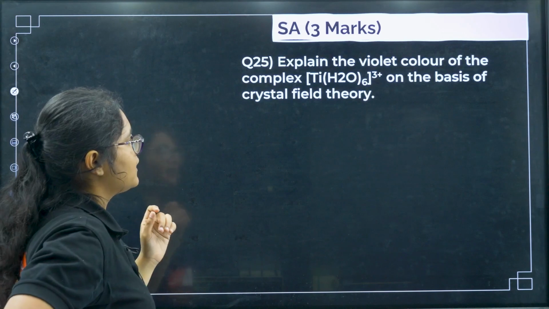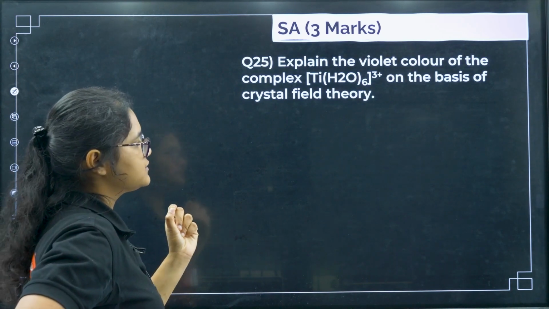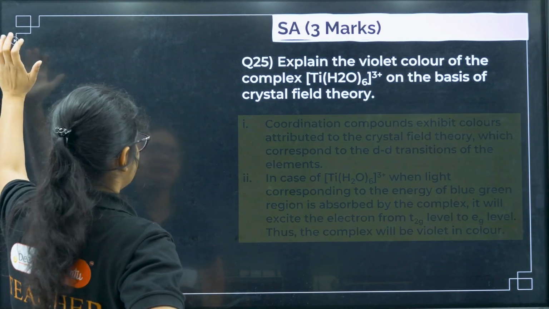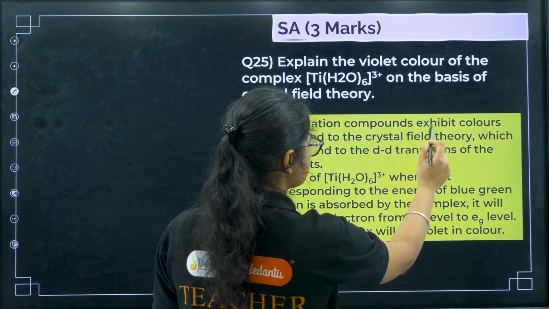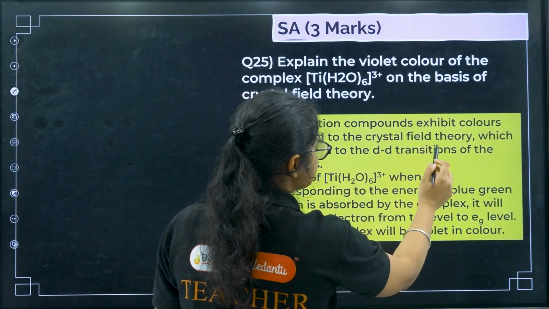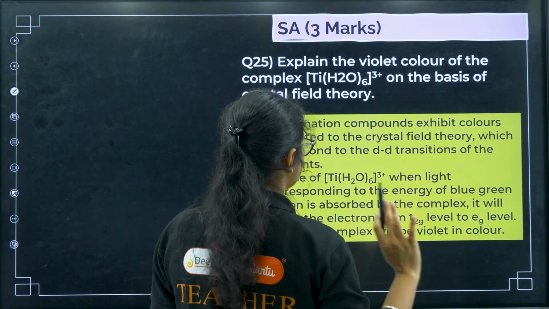Next, explain the violet color of the complex Ti(H2O)6 3+ on the basis of crystal field theory. This is your NCERT question. Coordination compounds exhibit color due to crystal field splitting, which corresponds to the d-d transition.